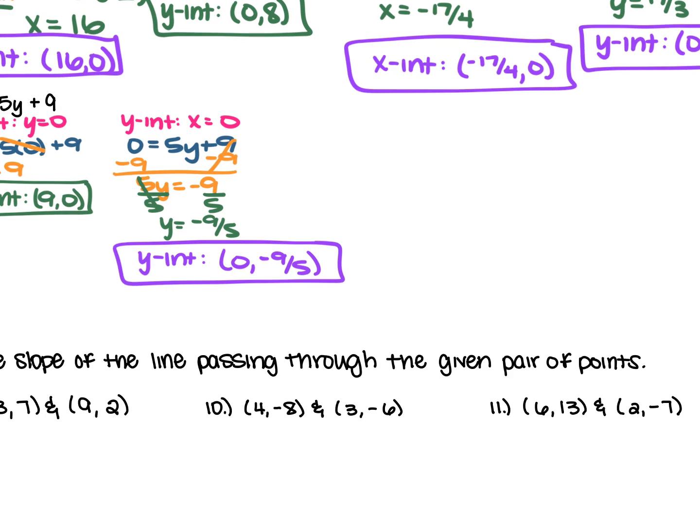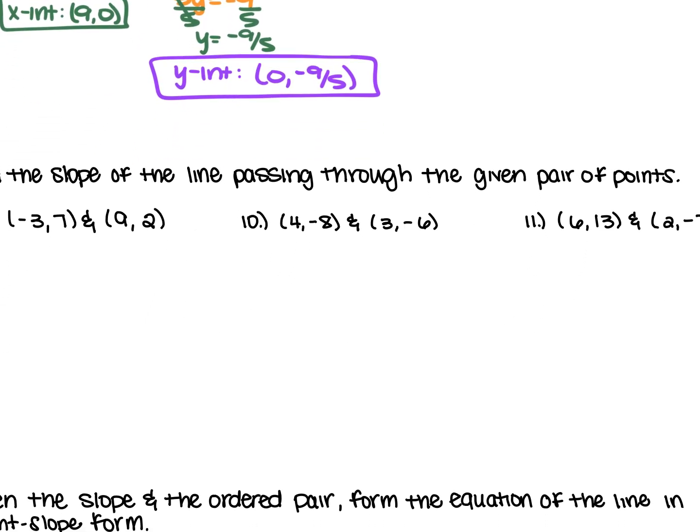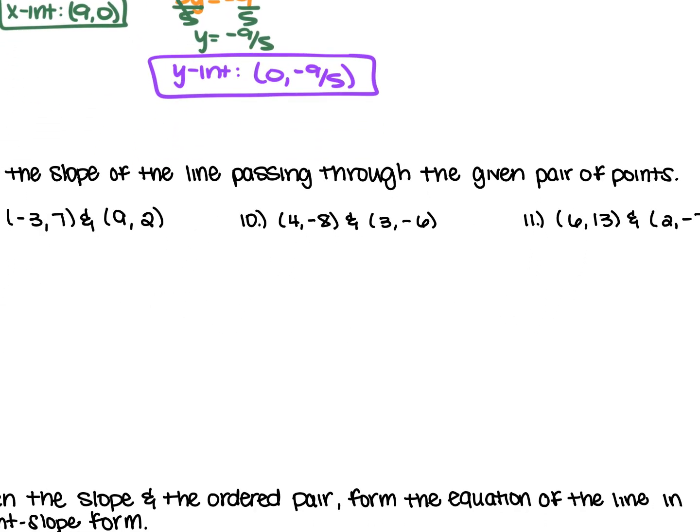For your next part, you are going to be finding the slope of the line that passes through the given ordered pairs. For number 9, you are given -3, 7, and 9, 2. Remember, with these, you are finding it using y2 minus y1 over x2 minus x1.